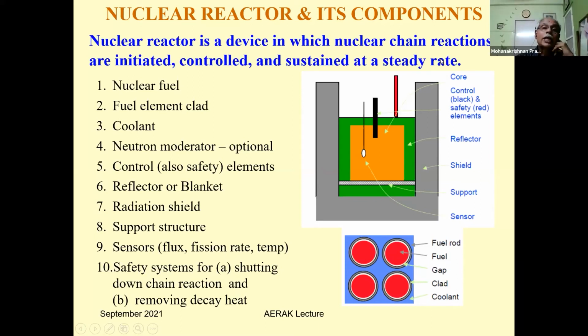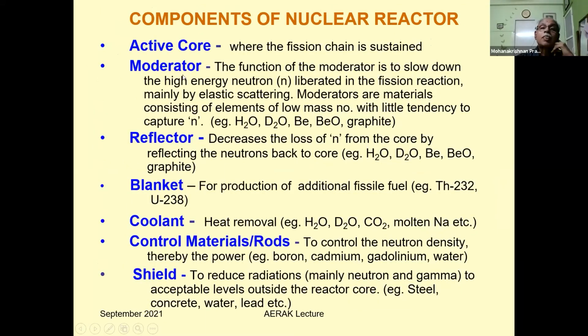So the active core is where the fission chain is sustained. The function of the moderator is to slow down high energy neutrons by elastic scattering. Moderators are materials consisting of elements of low mass number with little tendency to absorb or capture neutrons: heavy water D2O, light water, beryllium oxide, graphite.